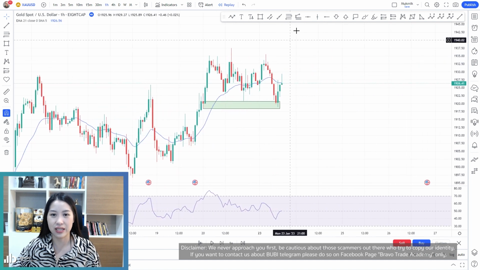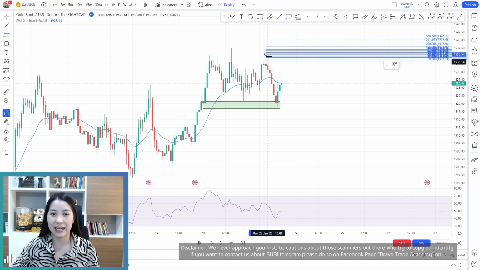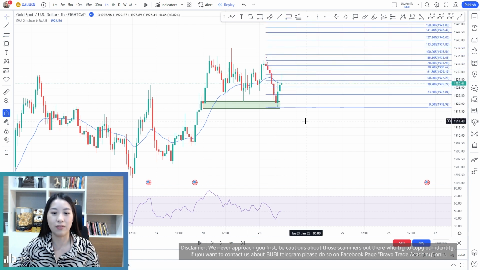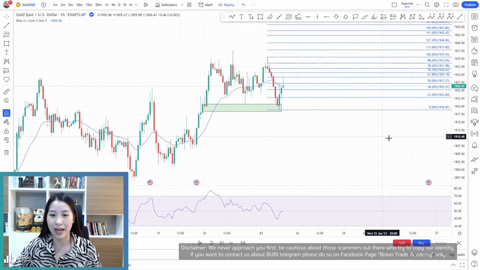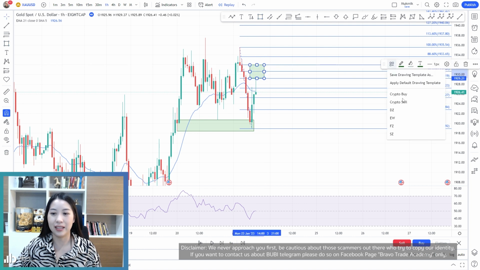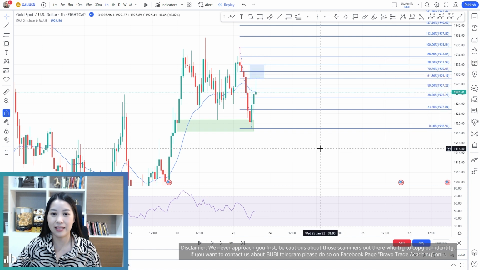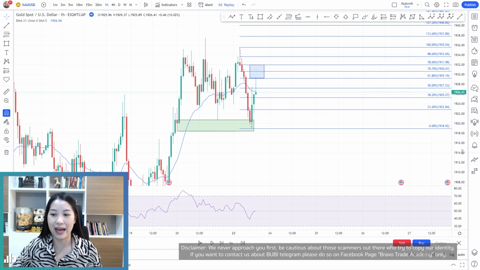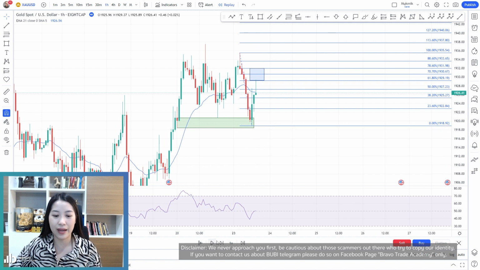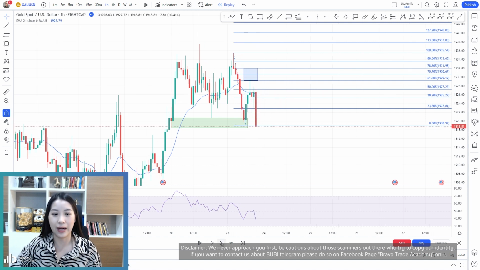How to use the Fibonacci retracement is that the first click is on this high swing and the second click is on whatever swing low it would make. All right, and we would enter at 61.8 to 78.6, and look at that, how precise is that? Okay, so you would get the order and let's see what happened.